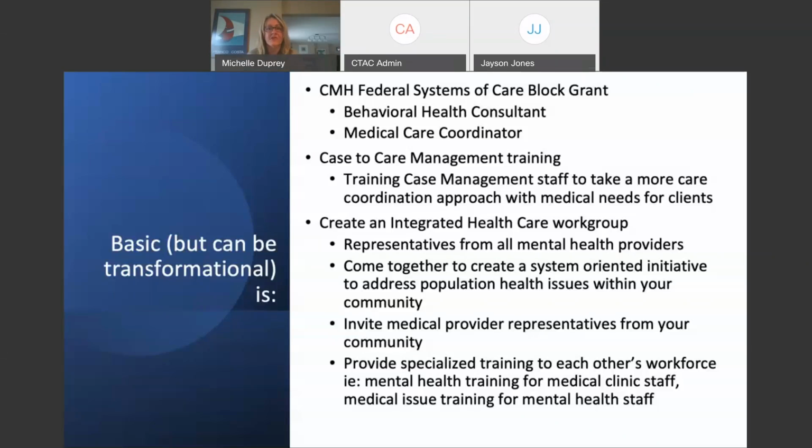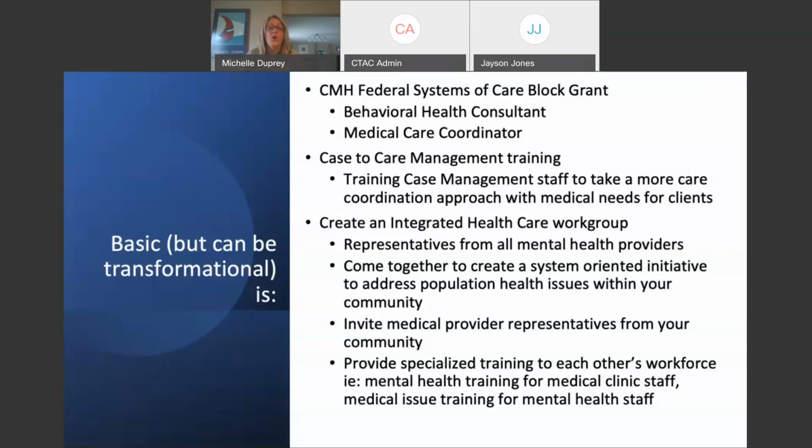Obviously, within CMH, there's certain rules you have to abide by in order to open a case management case. So we did have that barrier. But this person was the go-to person for the case managers, the therapists, and the clients to talk specifically about their medical condition and to coordinate very, very specifically with their physician.